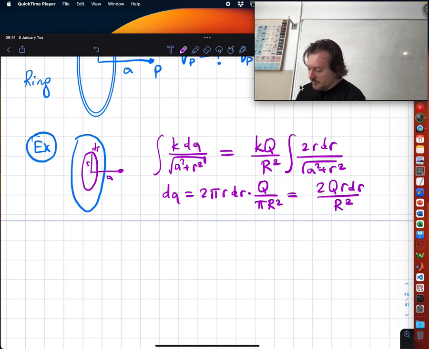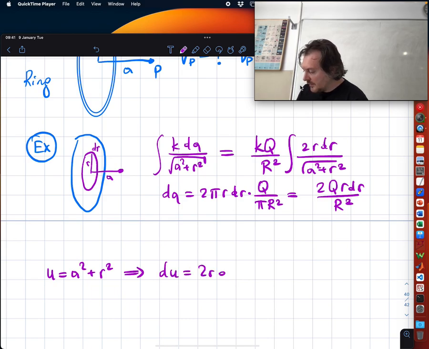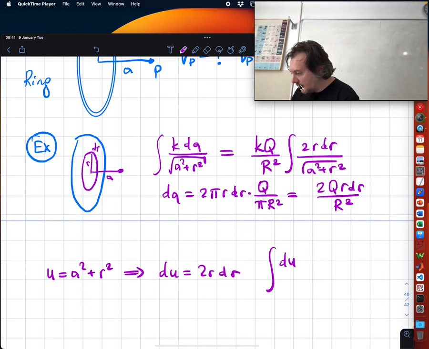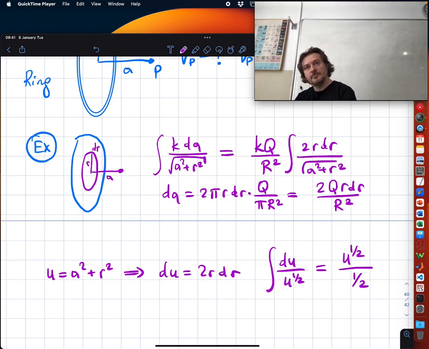So we do u equals A squared plus R squared. du is 2r dr. Our integral becomes du over u to the 1/2, and the integral becomes u to the 1/2 divided by 1/2. Do you agree with all this?